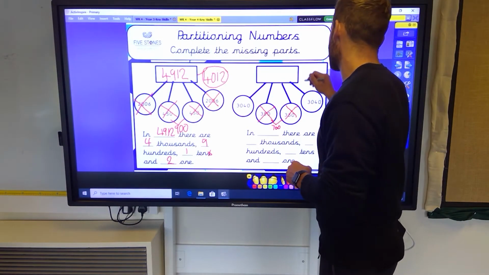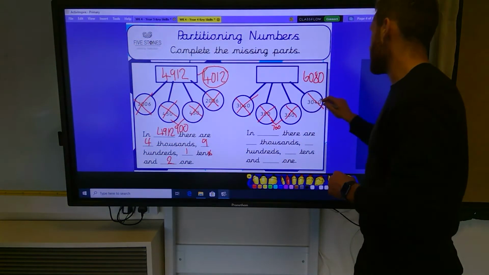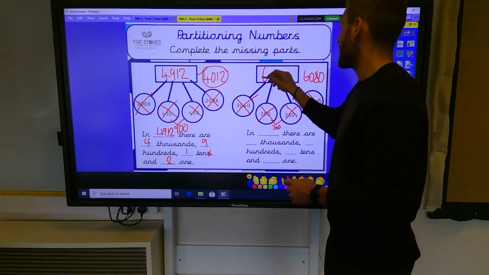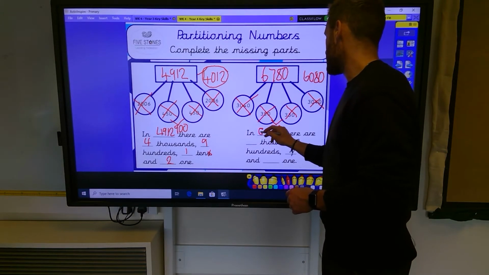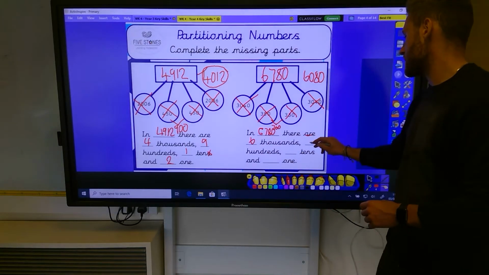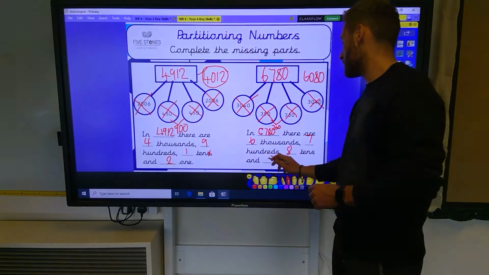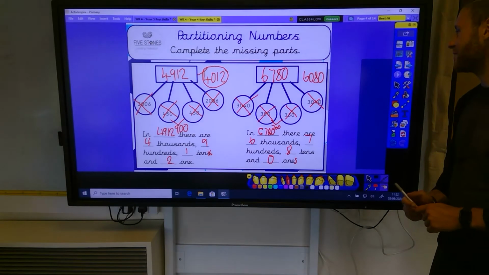So we've got 6,080 and 700. We've got 6,780. And in 6,780, there are 6,000s, there are 700s, there are 8 tens, and there are 0 ones. Not many ones at all, was there? Lovely.